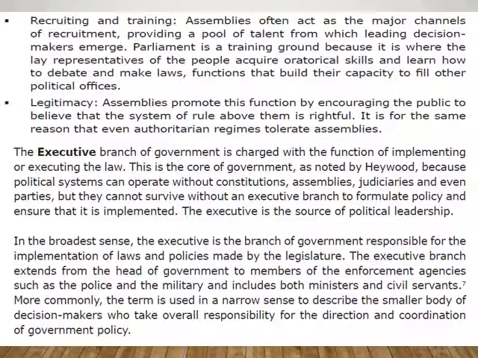More commonly, the term is used in a narrow sense to describe the smaller body of decision makers who take overall responsibility for the direction and coordination of government policies.